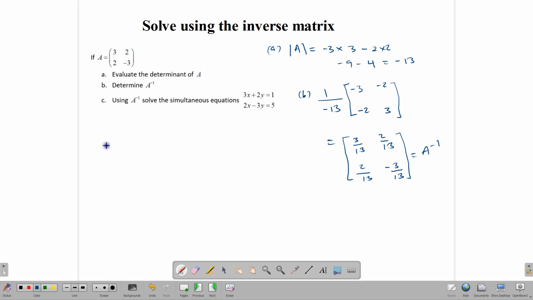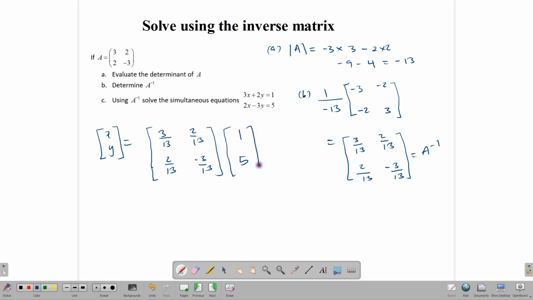So to solve this system, we are simply going to say, therefore, XY is equal to this inverse matrix, 3 over 13, 2 over 13, 2 over 13, and negative 3 over 13. Let's pull this down a little bit more. And we're going to multiply that by the B, which is 1, 5. That's all we need to do.